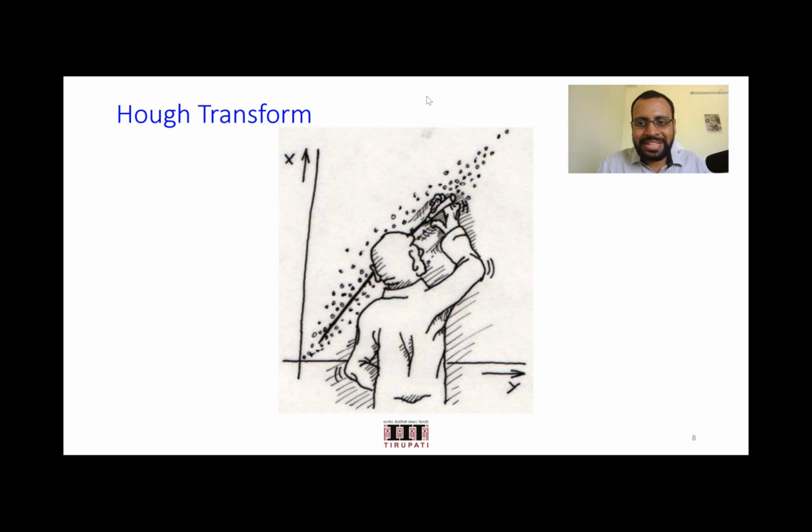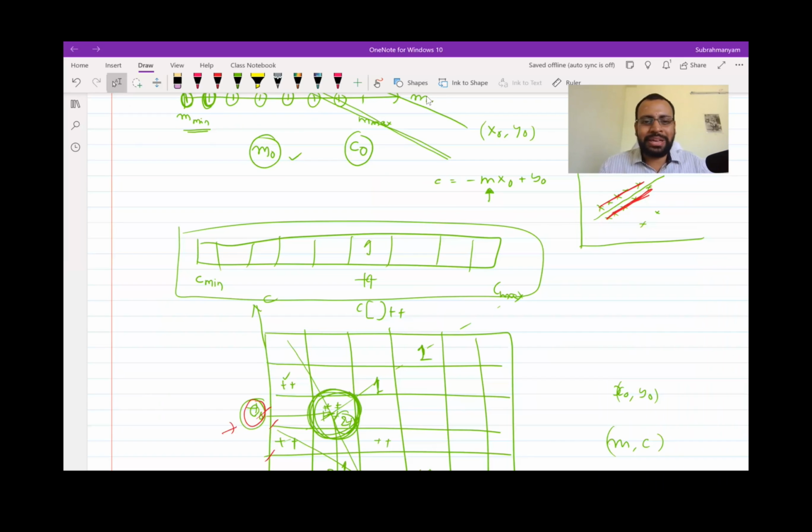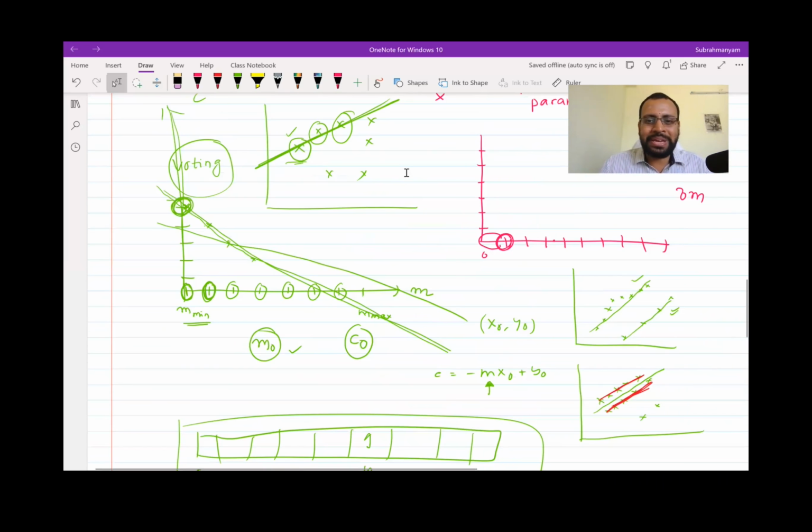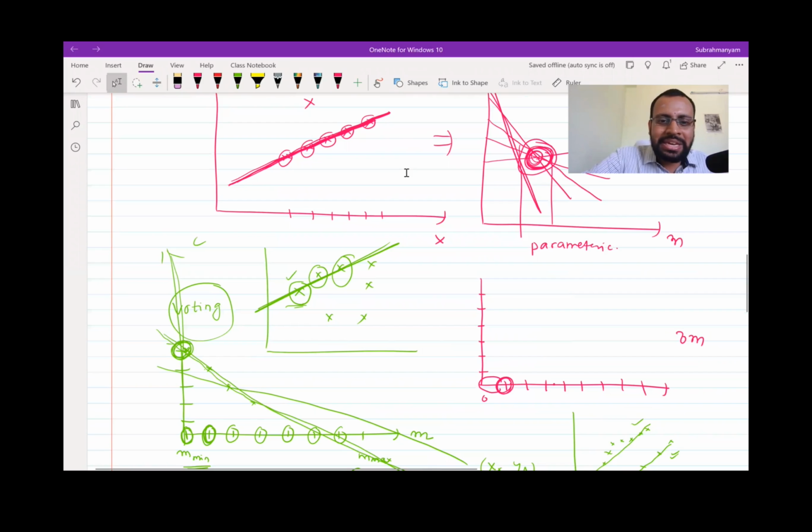Okay. Sorry, can you repeat? You also mentioned that we can detect lines which are not completely visible. Right. That is something that should be clear from here. I don't have the points everywhere here. It's just enough if I am putting a threshold on the number of votes I am getting for a particular cell.